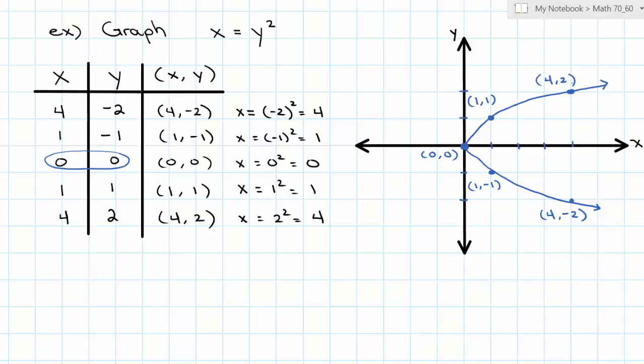And last, let's draw our axis of symmetry. Our axis of symmetry is going to go right on top of the x-axis. The equation of this axis of symmetry is going to be y equal to 0.